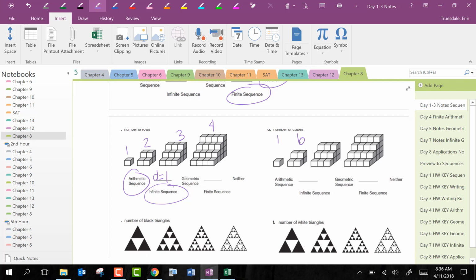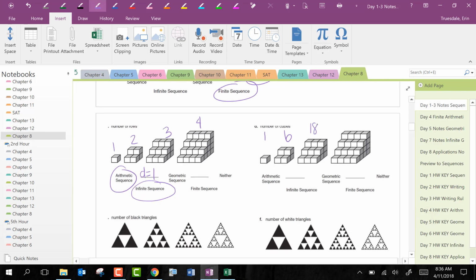So 15. There might be more than that. Let's see, 3. So 1, 2, 3, 4, 5, 6. Yeah, so I think there's 18, right? Because there's 3 per row, per line, and there's 6 lines there. And then 40.